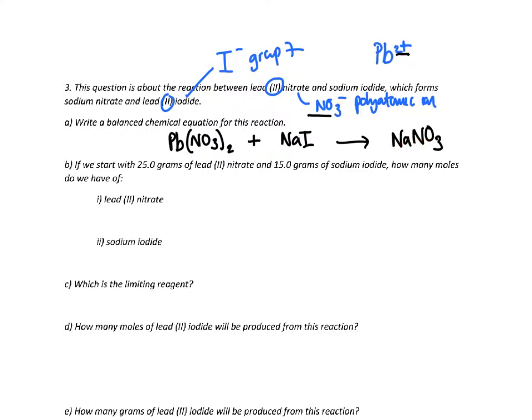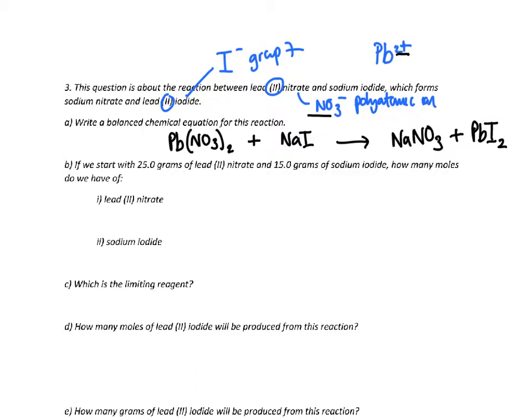We don't need to change that. And then lead, because it is 2 plus and every iodide is a minus, I'm going to need 2 iodines. And because it's just on its own, there's just 1 iodine, so 1 atom, doesn't need a brackets around it, so we just put a 2 there.